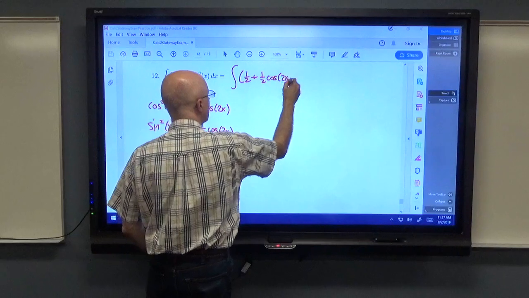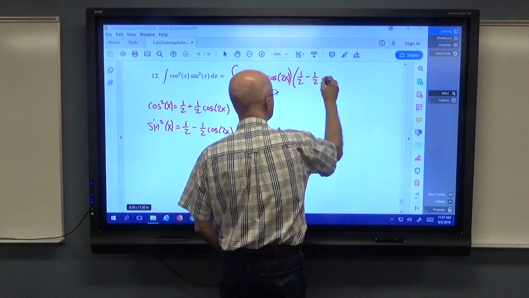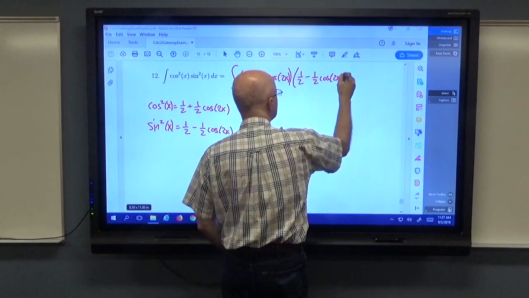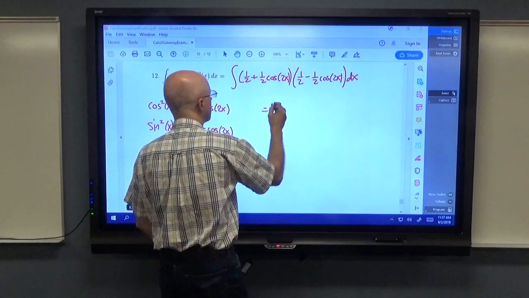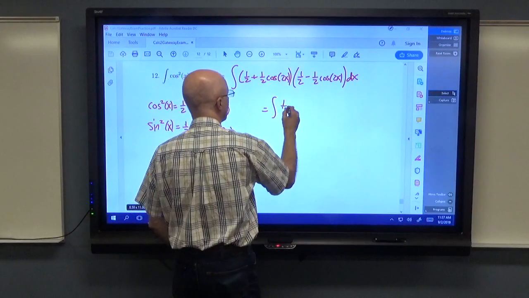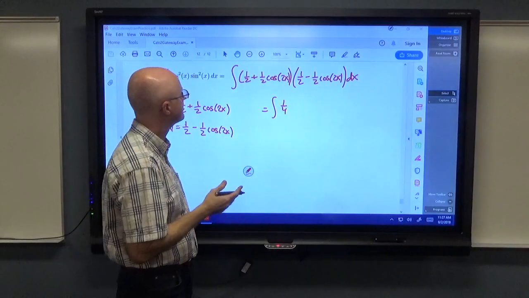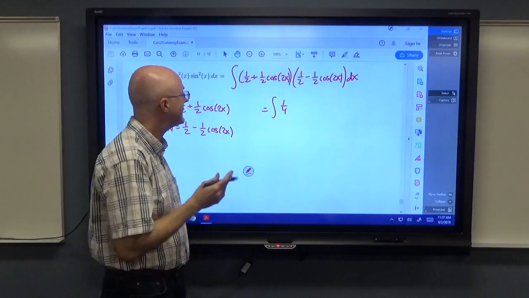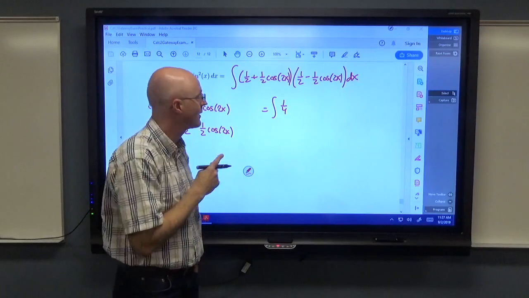Initially, you are going to need to do this multiplication now. FOIL. First times first, 1/2 times 1/2 is 1/4. Outside times outside is 1/4 cos 2x. Inside, or minus 1/4. Inside times inside is positive 1/4 cos 2x.